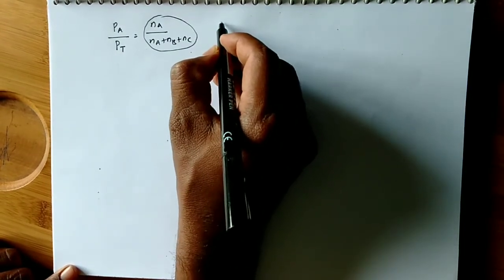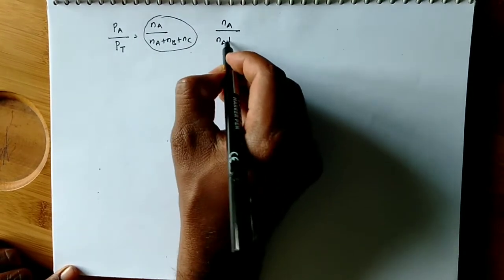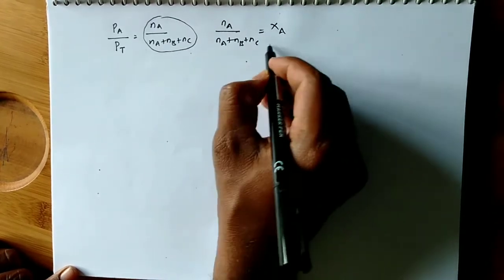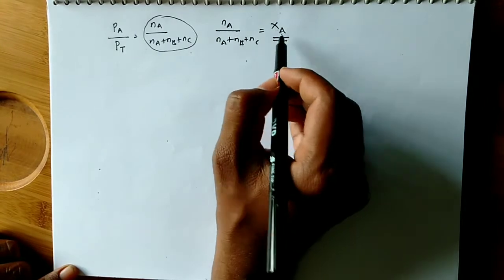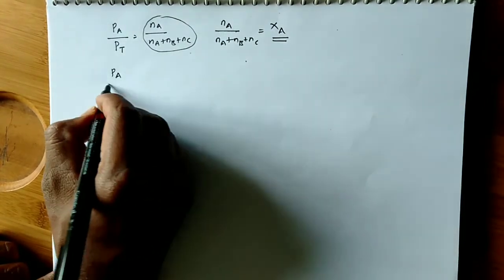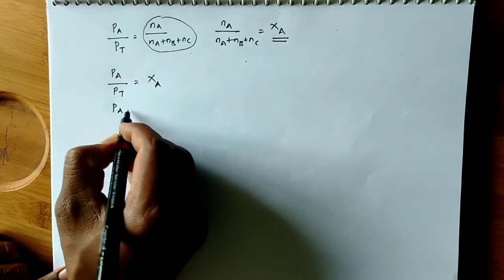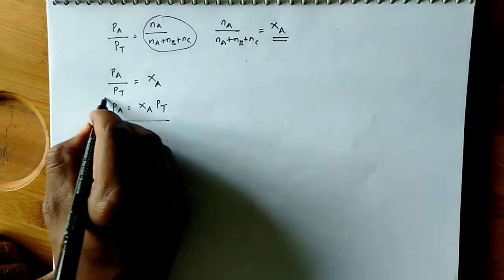So Na by total moles indicates the mole fraction of A. In that mixture, the mole fraction of A is XA. So PA by PT equals the mole fraction of A. So partial pressure of A equals mole fraction of A into total pressure.